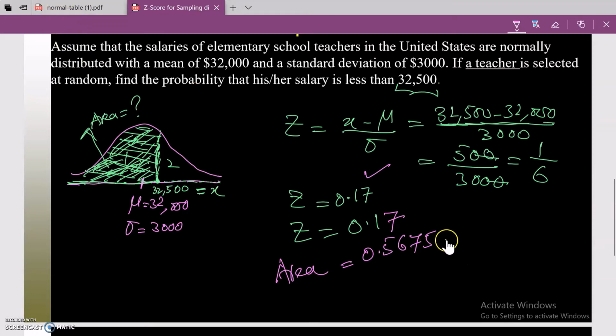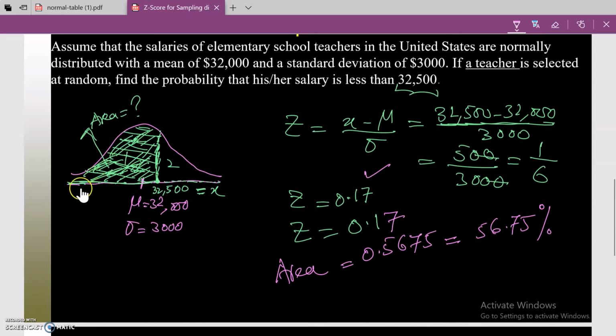So if we randomly select a person, a teacher in this situation, there is a 56.75% chance that his or her salary will be less than 32,500. I hope you understand.